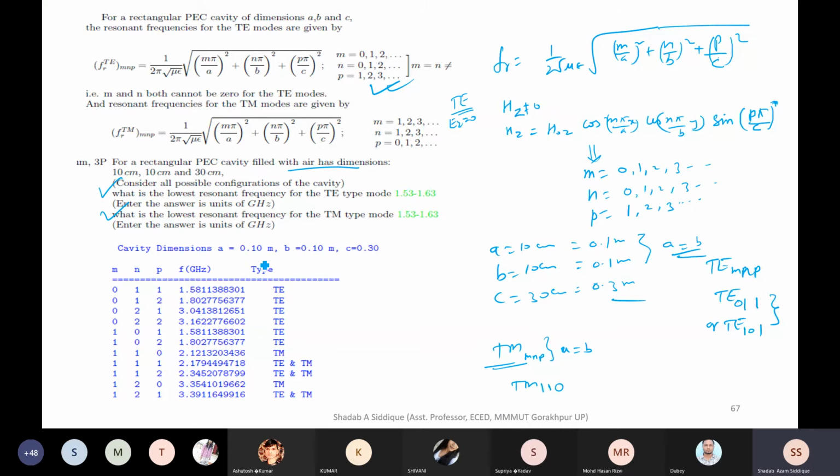You can see here in the table that TE 0, 1, 1 is 1.58. This is the simulated value. Multiple values you can simulate. You just apply the formula and write a MATLAB code, and in MATLAB you just range the values of m and p, m equal to 0, 1, 2, 3, n equal to 0, 1, 2, 3, 4, 5 or something, and p from 1 to 3.